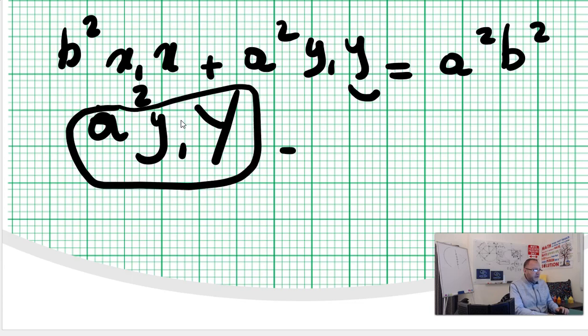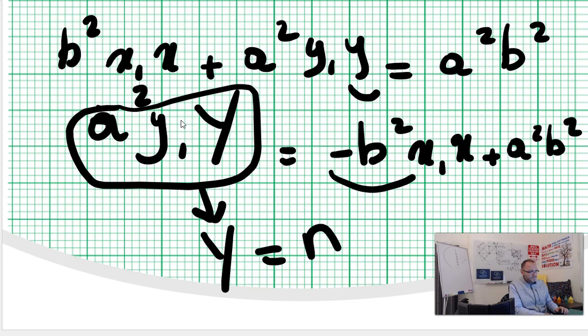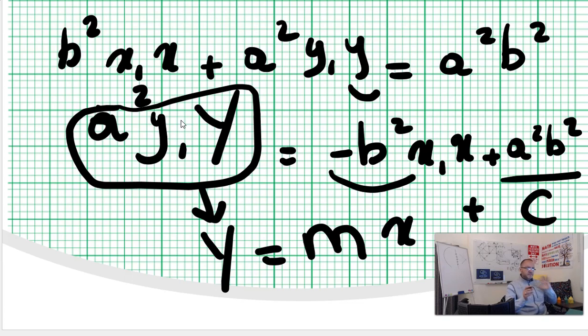Equals minus b squared x1 x plus a squared b squared. So now I have it in a form very similar to y equals mx plus c, c being the constant. That's all I'm doing. I isolated the y, and it is proportional.